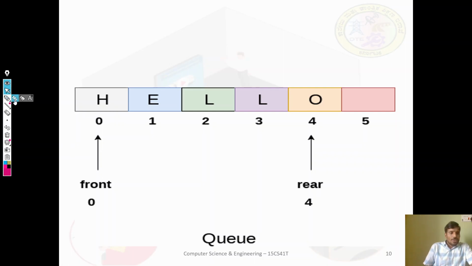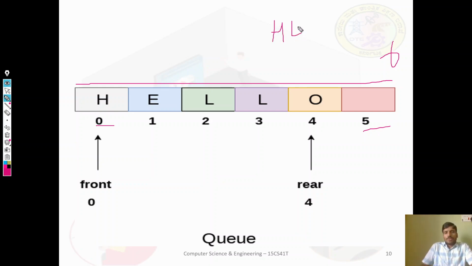So I have taken one array of size 6, index starting from 0 to 5, and I want to insert the word hello. We have to place it character by character in the queue. First, which character should be inserted? H should be inserted. So H is inserted here. Initially front and rear positions will be the same, pointing to the same index.